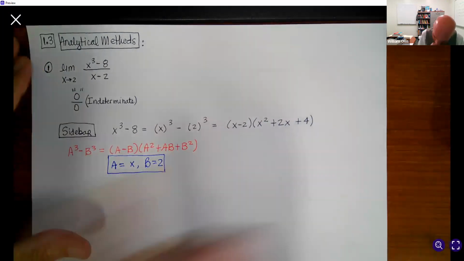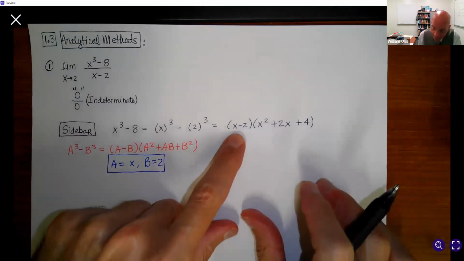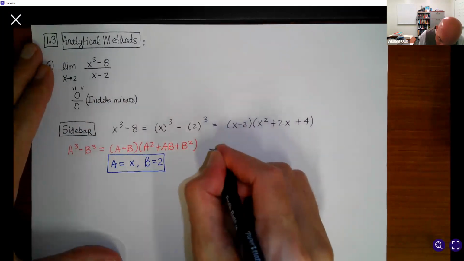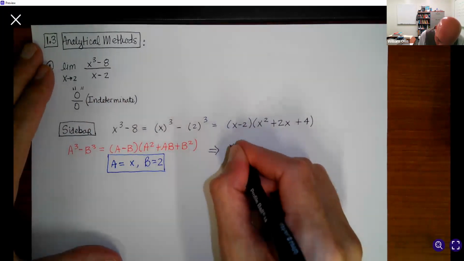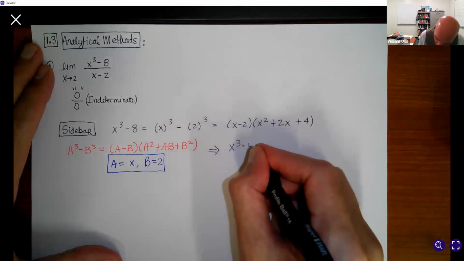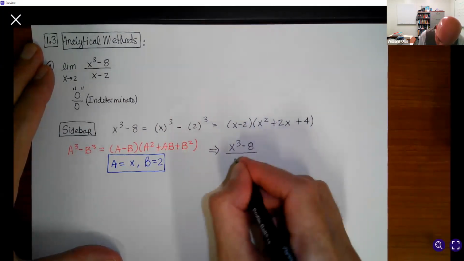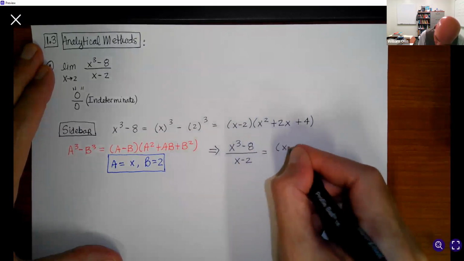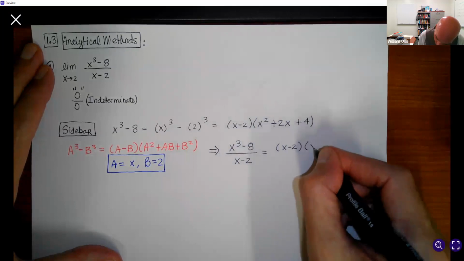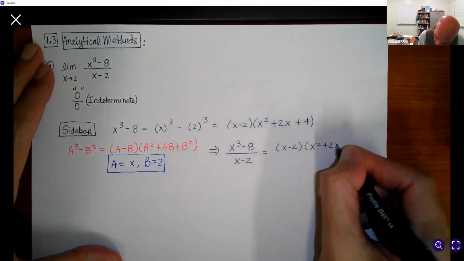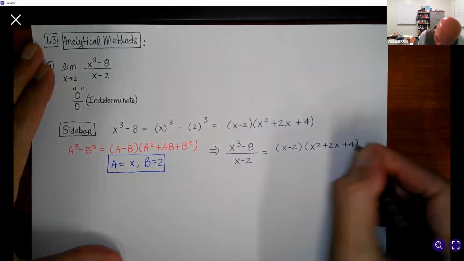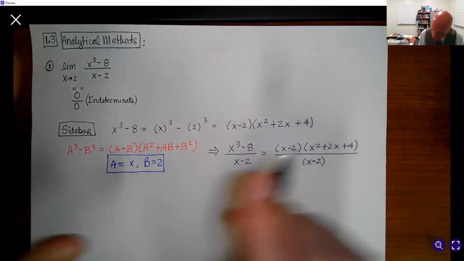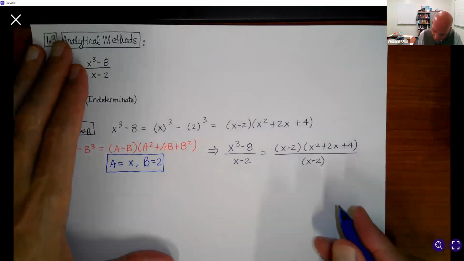Now we can see that this is nice because the problem factor will absorb. So this implies that x cubed minus 8 divided by x minus 2 gives us x minus 2 times x squared plus 2x plus 4, divided by x minus 2. We don't want to use slash lines because that's not very professional.